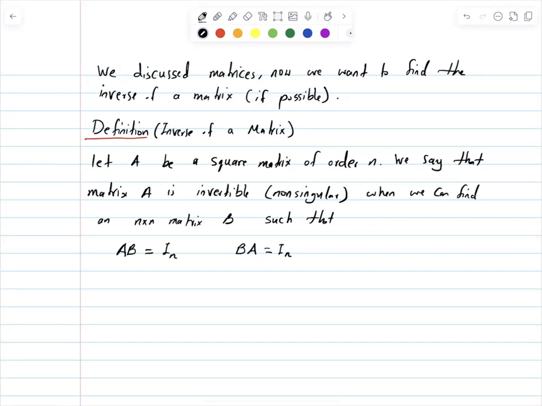As you remember, I_n is the identity matrix of order n.